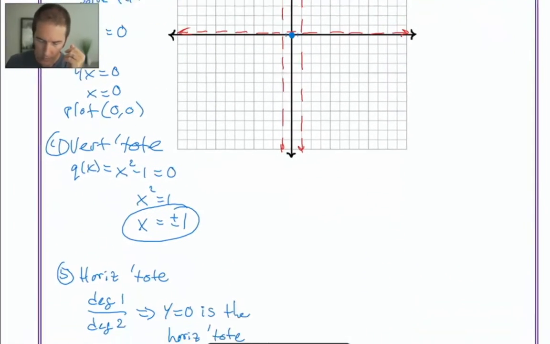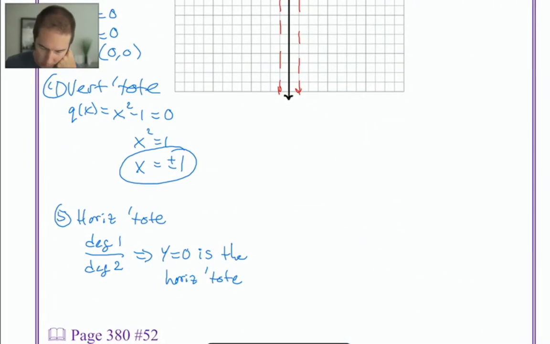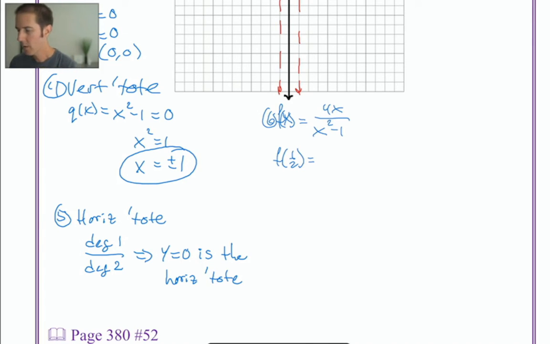So we've got 4x over x squared minus 1. And let's test f of 1/2. So I'm going to use a graphing calculator here. And I'm going to go to my home screen. And I'm going to type in 4.